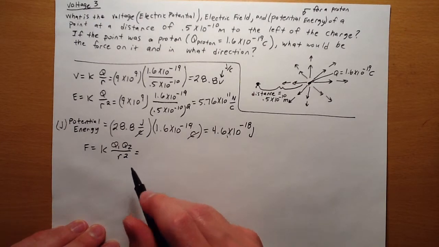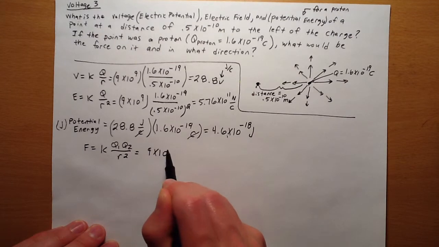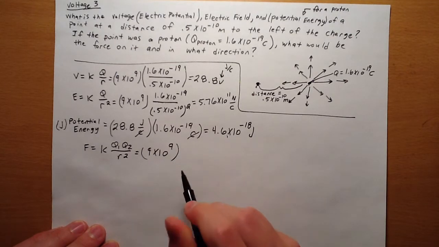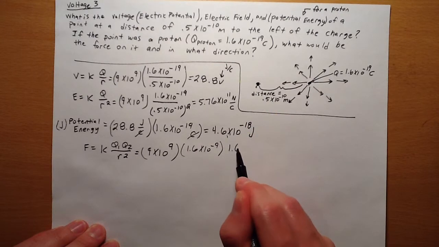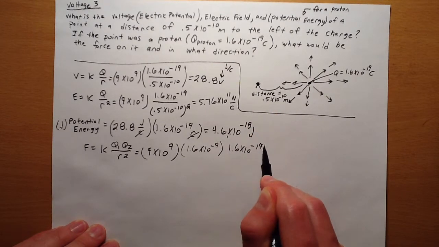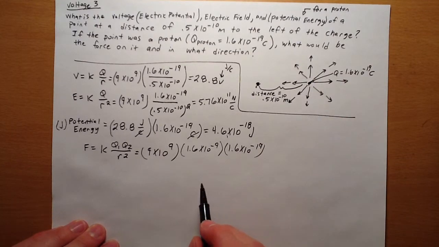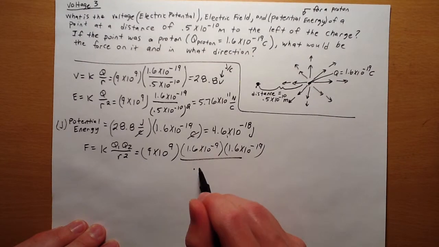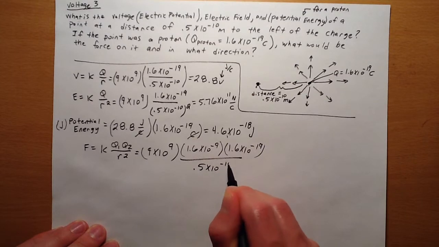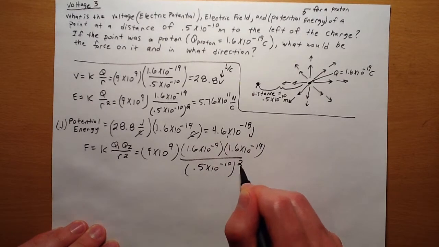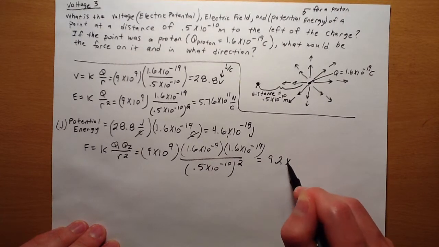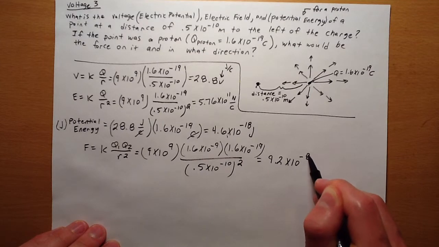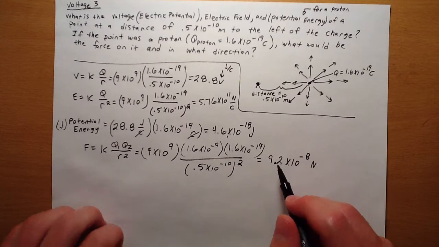This gives us 9 times 10 to the 9th times 1.6 times 10 to the negative 19 coulombs for this charge times 1.6 times 10 to the negative 19 coulombs for this charge over the distance between the two charges squared, which gives us an answer of 9.2 times 10 to the negative 8 newtons, which is the magnitude of the force.